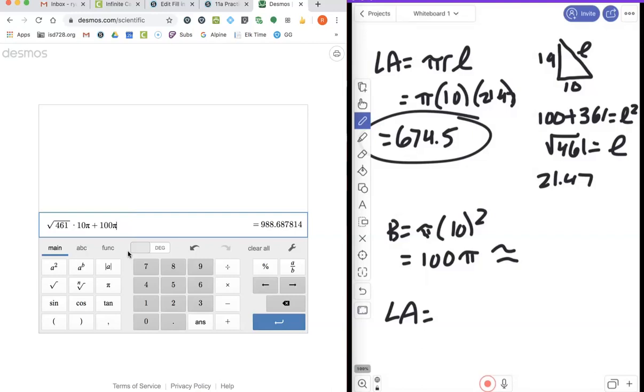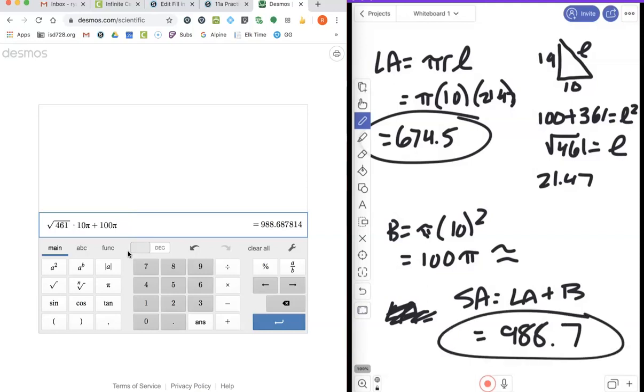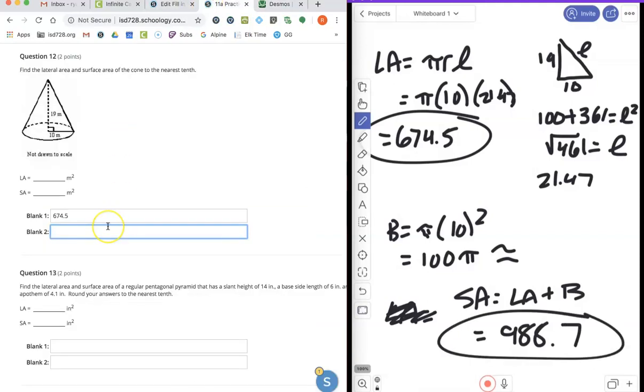Oops, wrong letter there. It's LA plus B, which is 674.5 plus 100 pi, which is 988.7. Again, you can probably get rounding error in there if you're not careful. It's best to do everything in the calculator at the very end all at once.